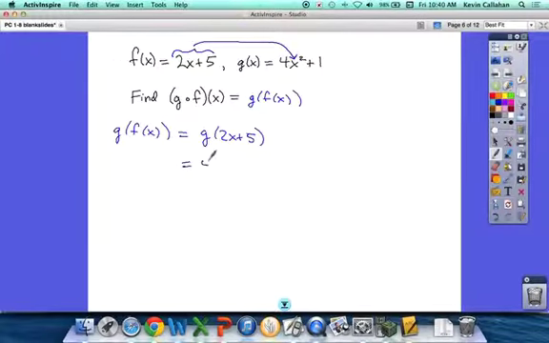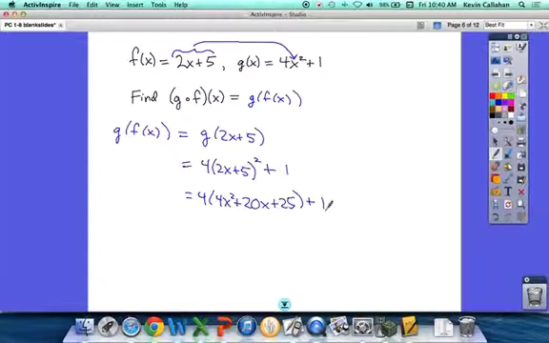So that'll be 4 times 2x plus 5 squared plus 1. Simplify. 4 times 4x squared plus 20x plus 25 plus 1.